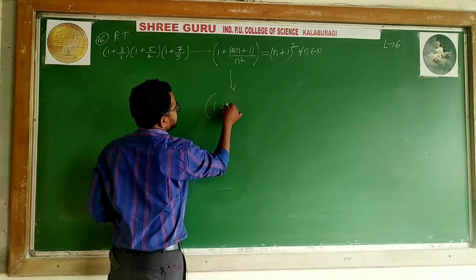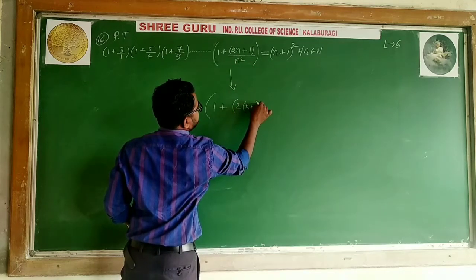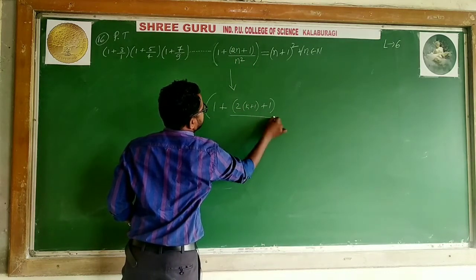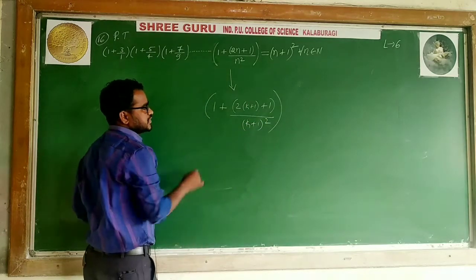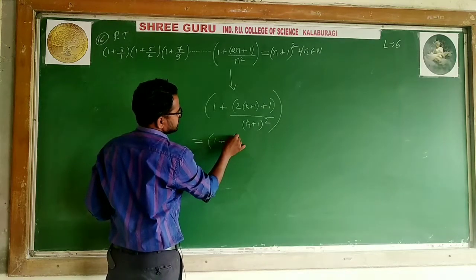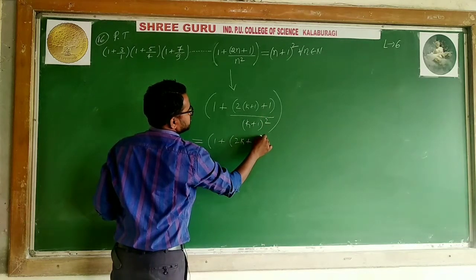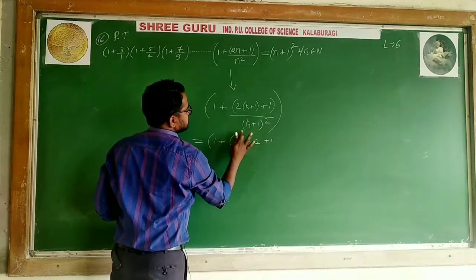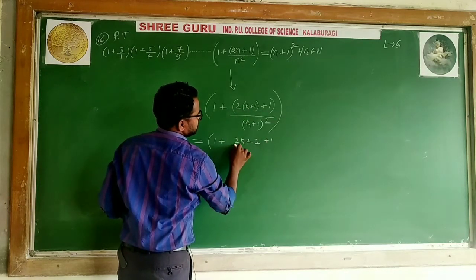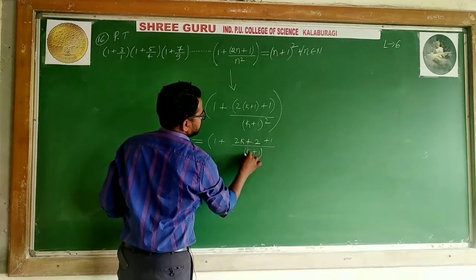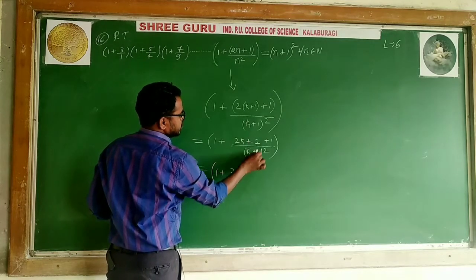What is the multiplication term? 1 plus (2(k + 1) + 1) divided by (k + 1)², with n replaced by k plus 1.